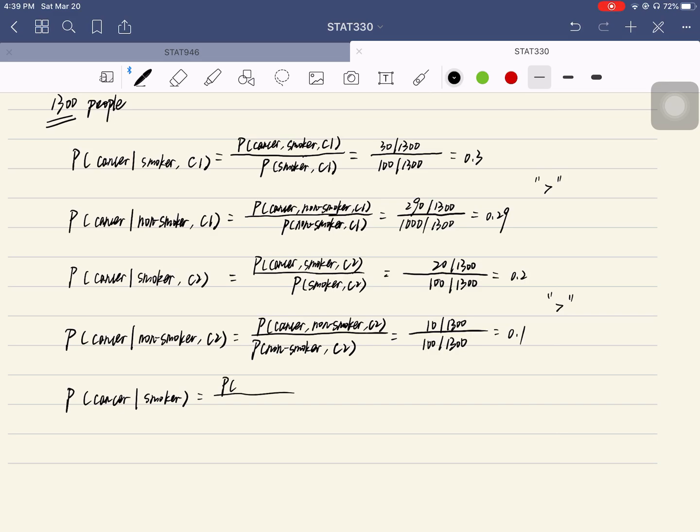It is the probability of smoker, sorry, this should be the probability of a smoker in both countries. Here we do not care about where this smoker comes from. So we say this is a combined data set.